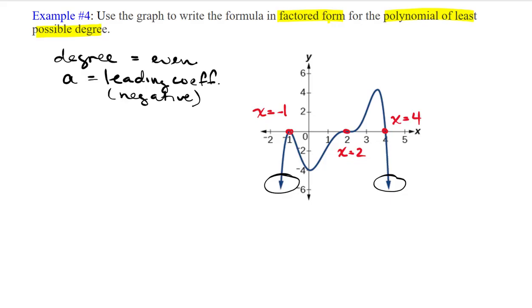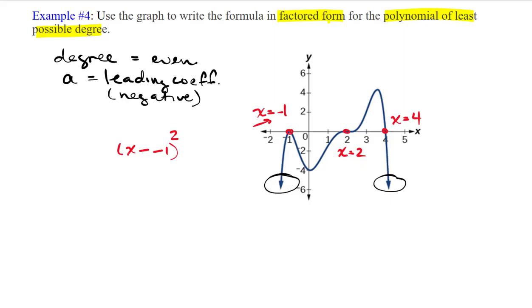For the first x-intercept, the graph touches that from below, and then it goes back down. And therefore, the multiplicity for this 0 is an even number. So we know x minus that 0 raised to an even power is a factor of that function. Let's make that even power the value 2.